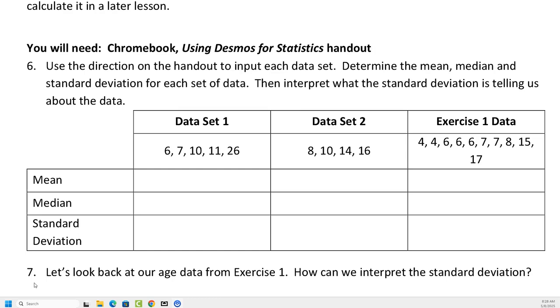Okay, so I'm going to do this with you guys right now. So I'm just going to switch to my other station and put on the screen here so that you can see the data set.